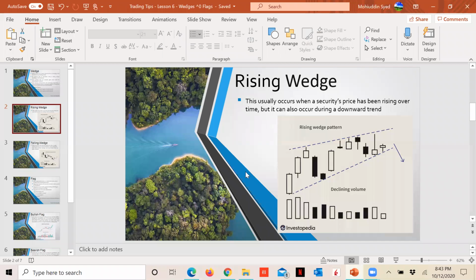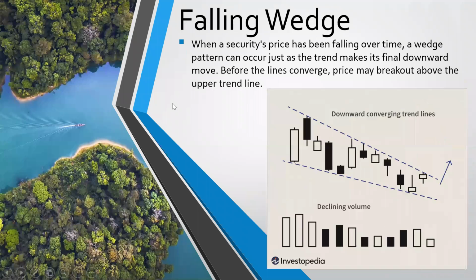Similarly, quite opposite to the rising wedge is a falling wedge. If the price falls over time, a wedge pattern occurs as the security price makes its final downward move, and before it converges down here, the price breaks out above the upper trend line.